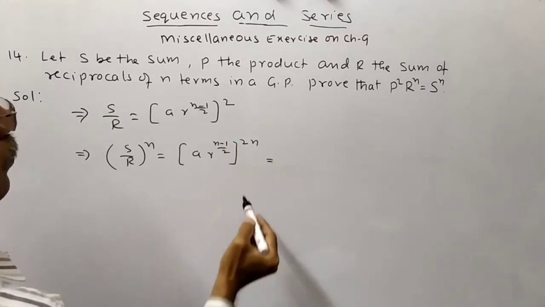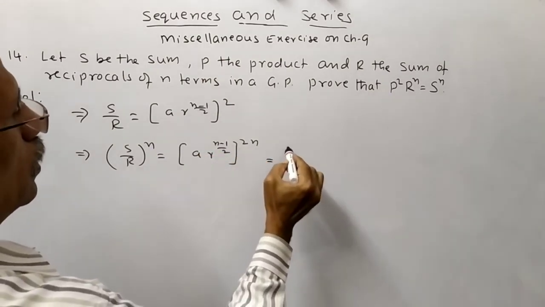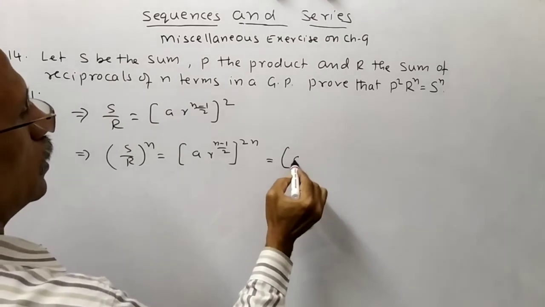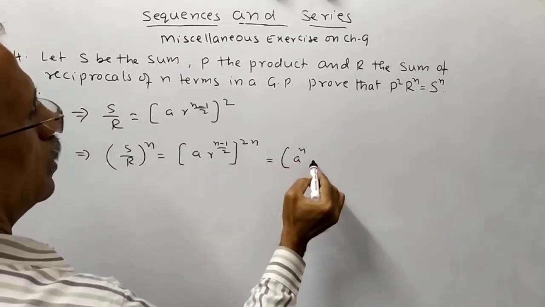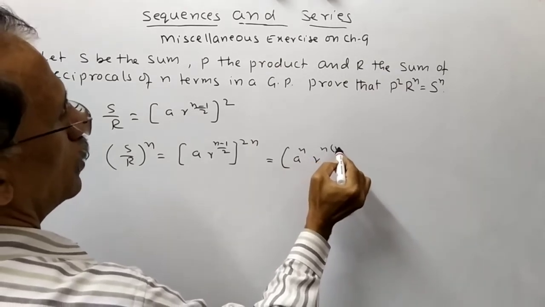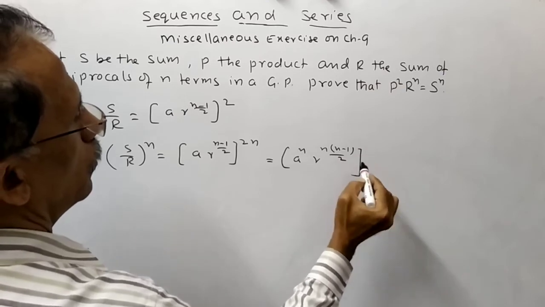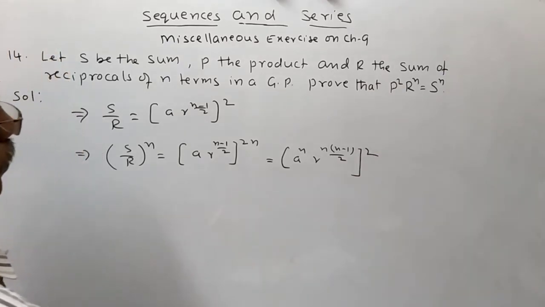This is equal to, n we can take inside, that is A raised to the power n into R raised to the power n into n minus 1 divided by 2 whole square.